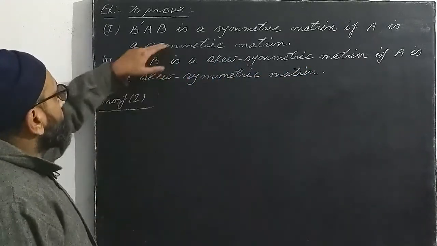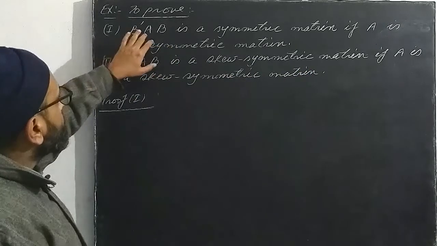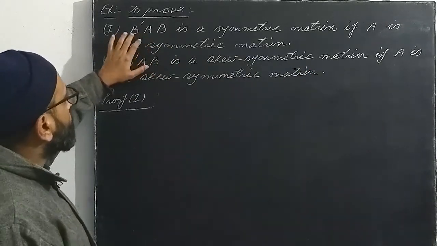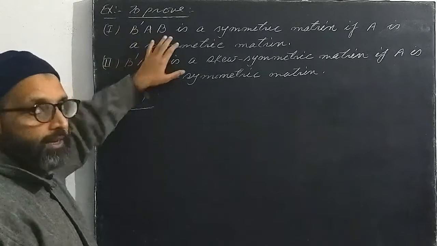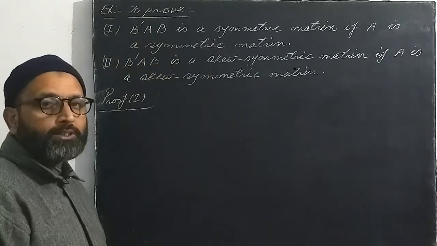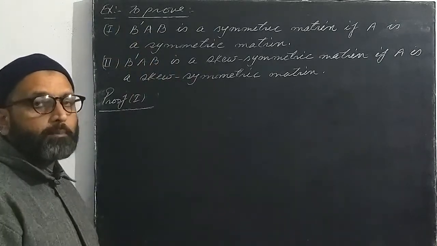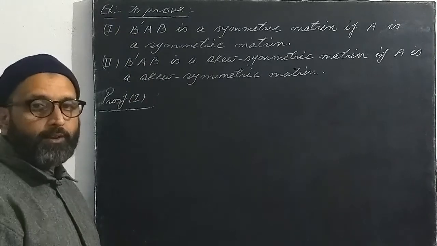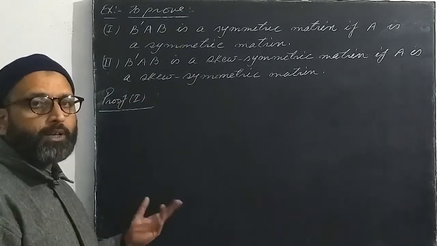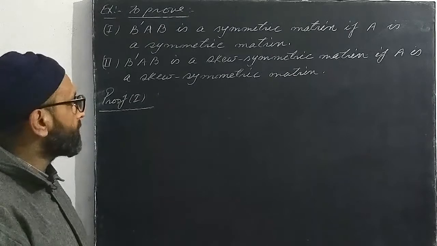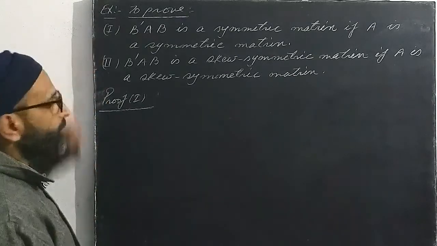That means being symmetric and skew-symmetric of B'AB depends on matrix A. If A is symmetric, then B'AB is symmetric, and if A is skew-symmetric, then B'AB is a skew-symmetric matrix. So first we have to prove the first part.